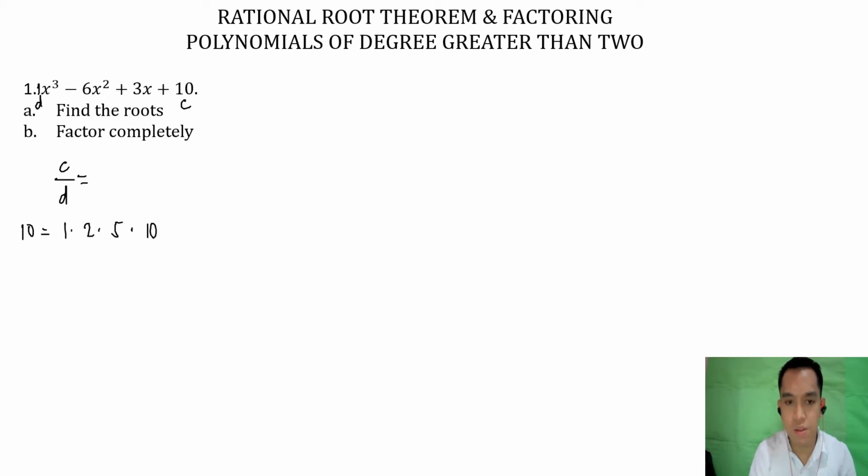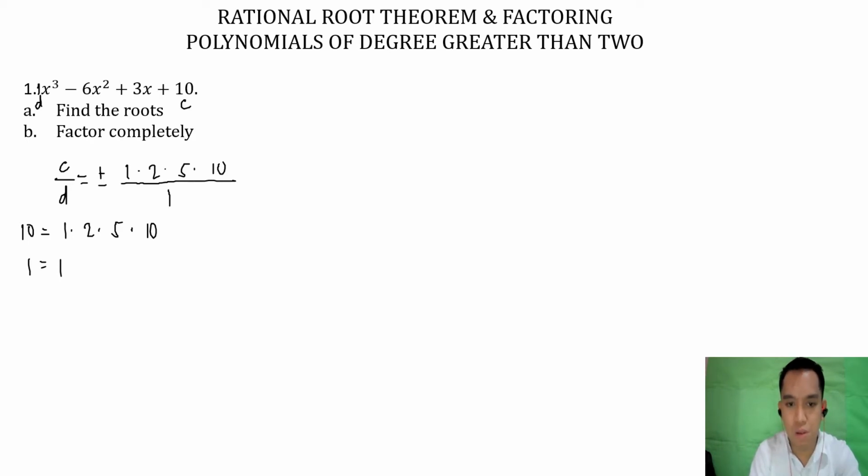So these are the factors of our C, the constant, and our D is 1. So that is positive negative 1. So C over D is equal to positive negative, our C, which is 1, 2, 5, and 10, over 1, which is our D.